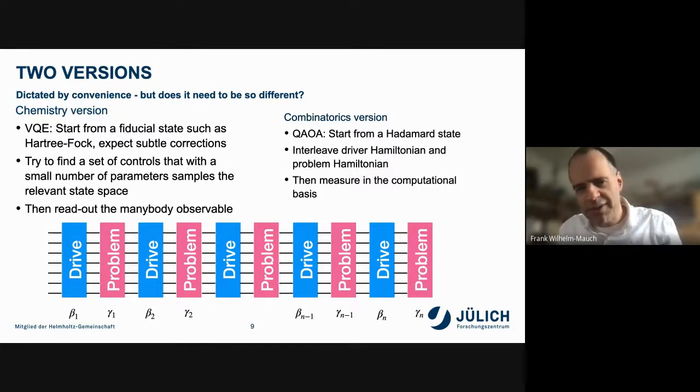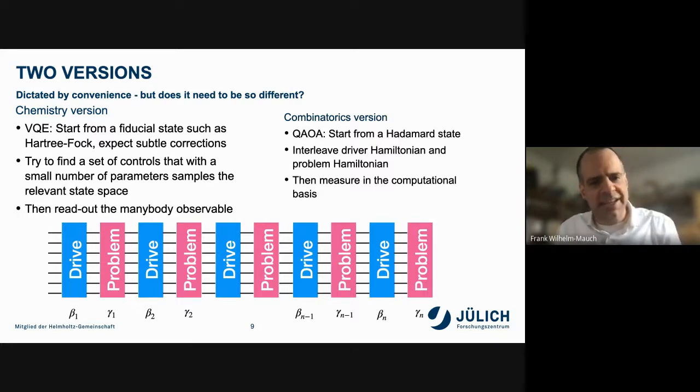And then we try to find a set of gates that we can control by some continuous parameters, and where we have some guarantee that if we vary these parameters, we sample the relevant state space. Ideally, this could be a full configuration interaction. This is, however, typically not feasible. This is too many parameters. But then there are reduced sets that get us close enough so we can find a good ground state energy.